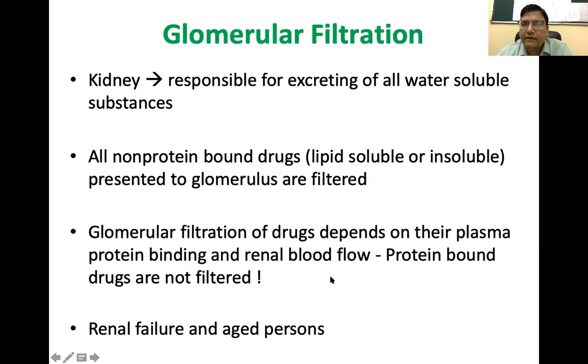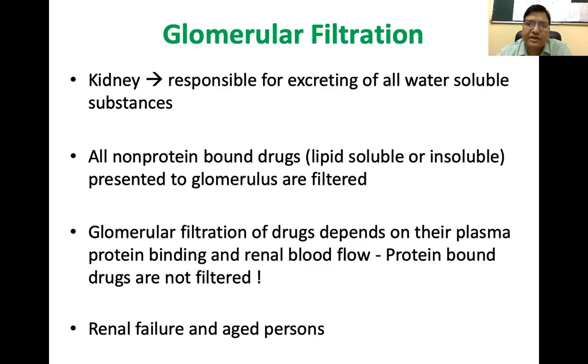And then the renal blood flow. If the renal blood flow is high, the glomerular filtration will be more. So the protein bound drugs are not filtered. And then glomerular filtration also depends on renal failure. If a patient is having renal failure, then what happens?